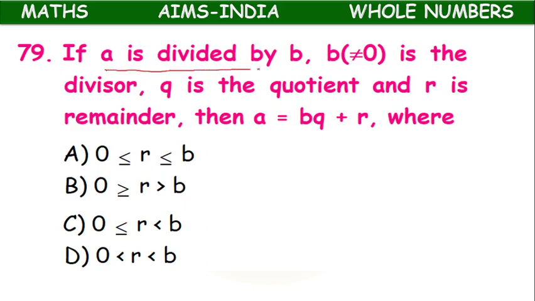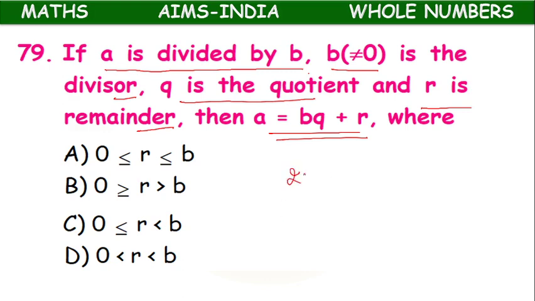If A is divided by B, where B is not equal to 0, B is the divisor, Q is the quotient, R is the remainder, then A equals BQ plus R. Suppose we have 2 here, we have 7, 2 threes are 6, remainder 1.